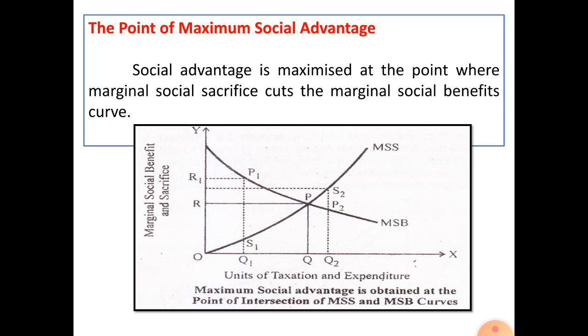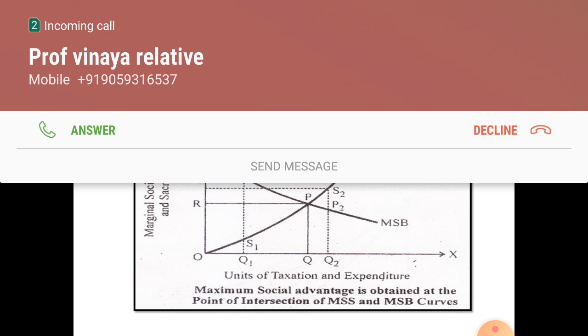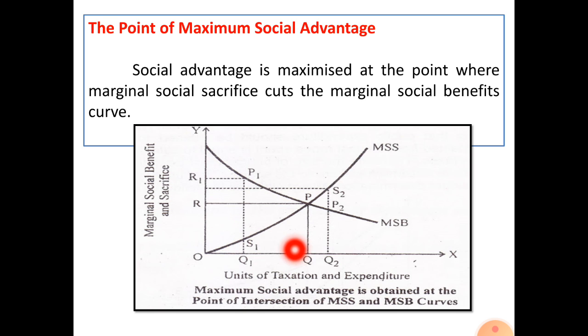The point of maximum social advantage is explained by Hugh Dalton. Social advantage is maximized at the point where marginal social sacrifice cuts the marginal social benefit. In economics we have equilibrium and balance, and we maximize the social advantage from these concepts of marginal social benefit and marginal social sacrifice. Next, units of taxation and expenditure, and marginal social benefit and sacrifice.